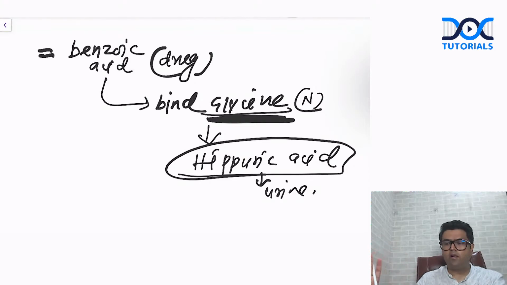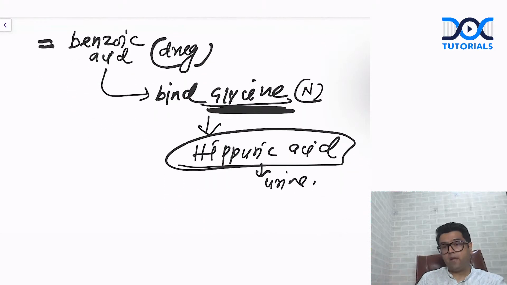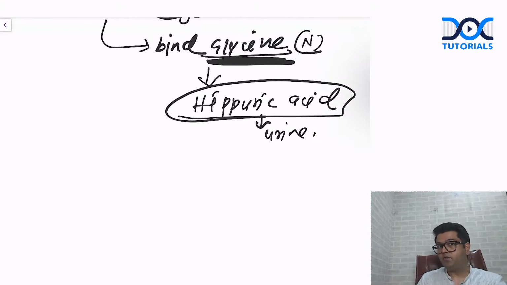So ammonia production will decrease because the rest of the nitrogen will be used in making glycine. Correct, guys? So this is benzoic acid that we can use as a drug.